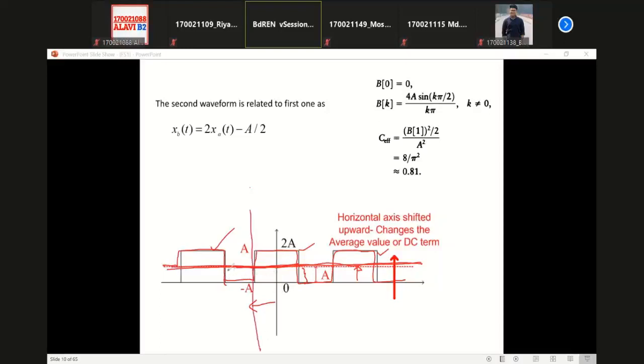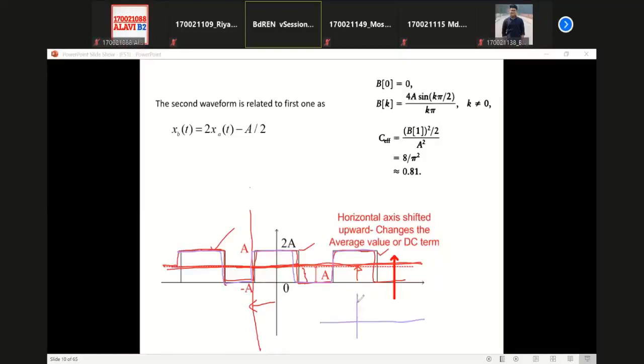Then what will happen? Your signal is something like this, okay? It goes in this way, again something like this, isn't it? That means your signal symmetry is changed from even to odd, isn't it? Yes, sir. This is very similar to something like this.